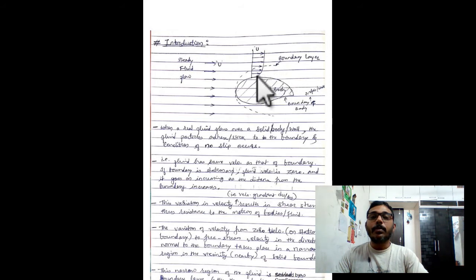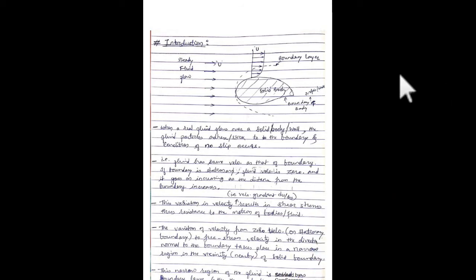Near the solid body, you can see that a velocity profile is created. At this point the velocity is zero because the fluid adheres to the solid surface.